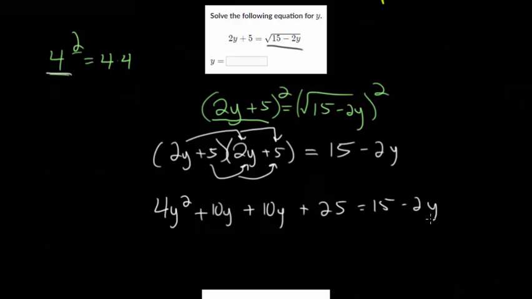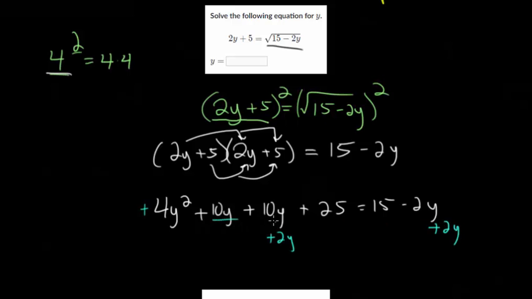Now we have a quadratic equation, which we can solve for by setting one side equal to 0. And then we can either use factoring or we could use the quadratic formula for this. So let's move everything to the left-hand side so that we can keep this coefficient positive. And to do that, we will add 2y on each side.